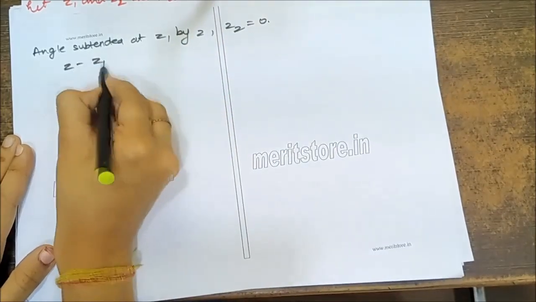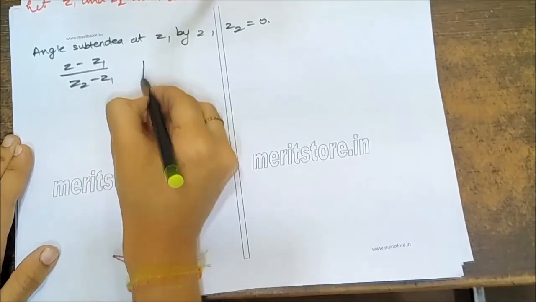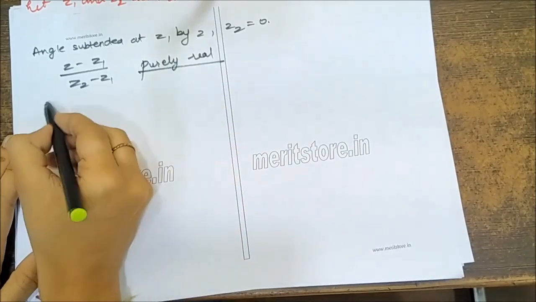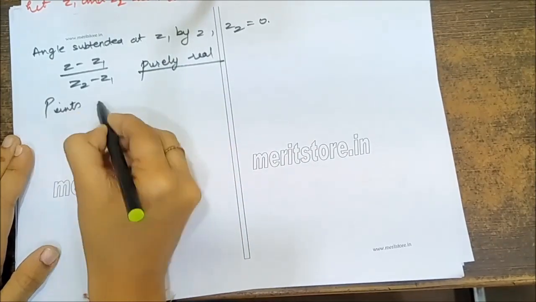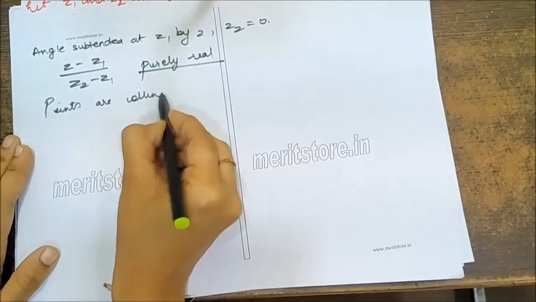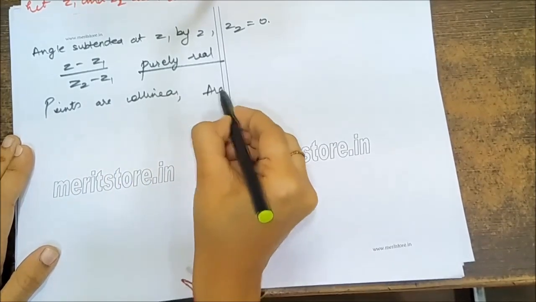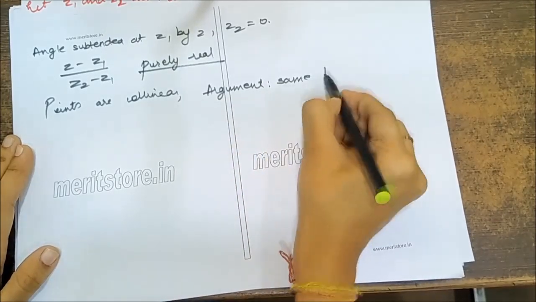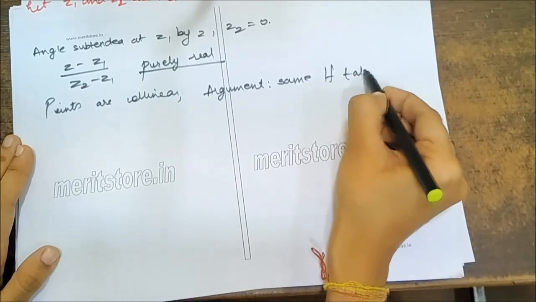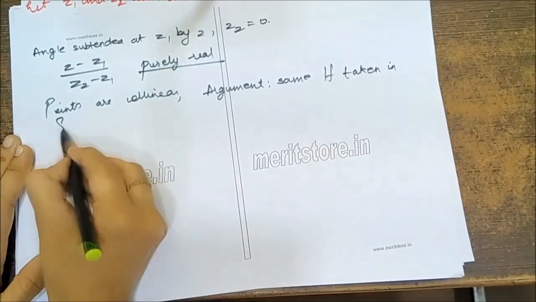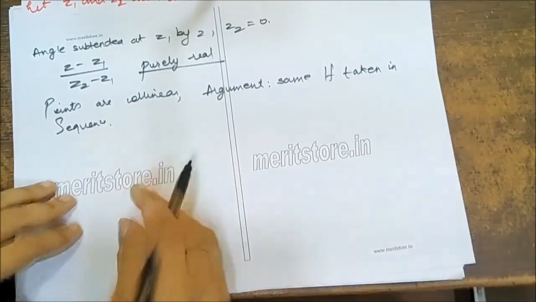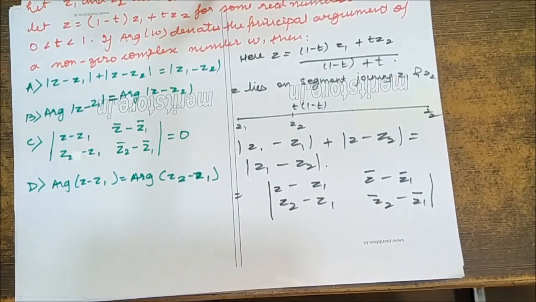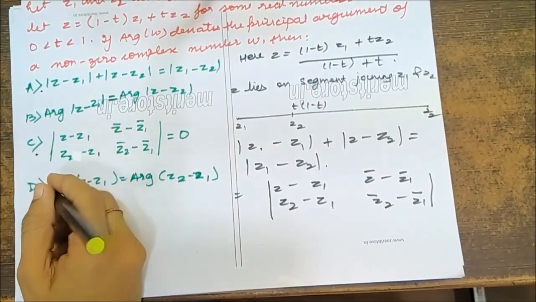So Z minus Z1 upon Z2 minus Z1 will be purely real. Why? Because the points are collinear, lying on the same segment. The argument will be the same if taken in sequence. So the answer will be 3 of them, we will say either A or C or D.